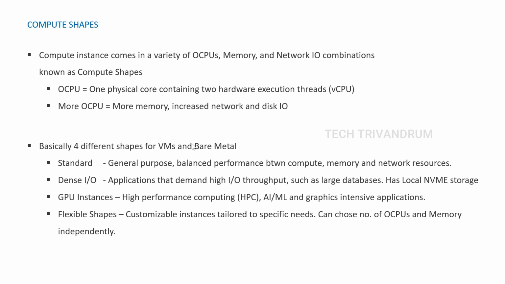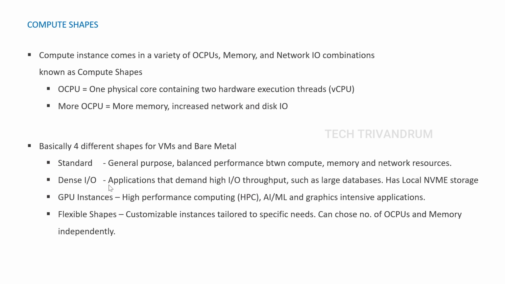The dense I/O type of instances are basically used for applications that demand high I/O throughput, such as large databases. This dense I/O has locally attached NVMe or SSD storage that provides this high I/O throughput. The GPU instances are basically used for high performance computing, AI, ML, artificial intelligence and machine learning requirements, and other graphics intensive applications.